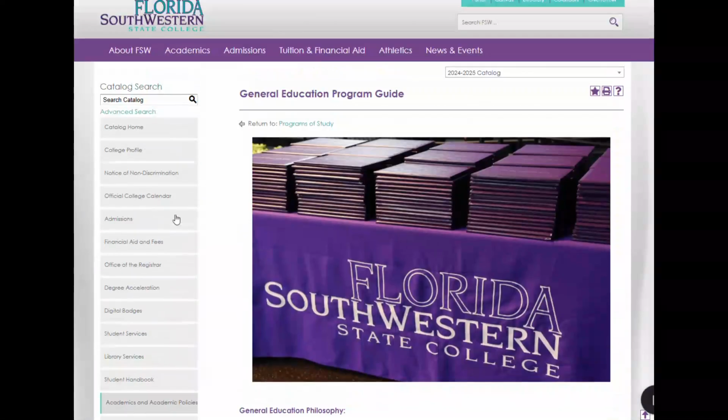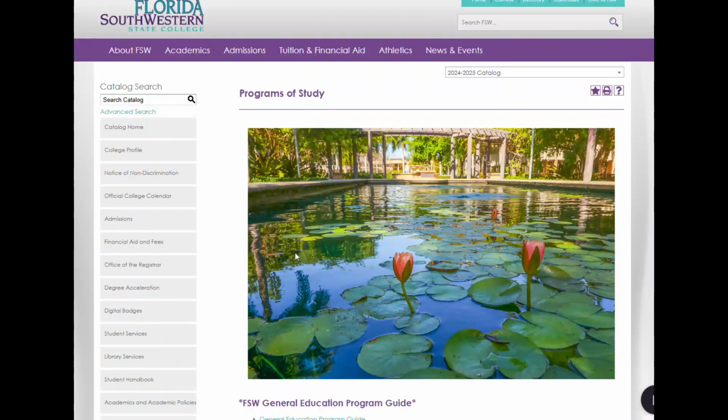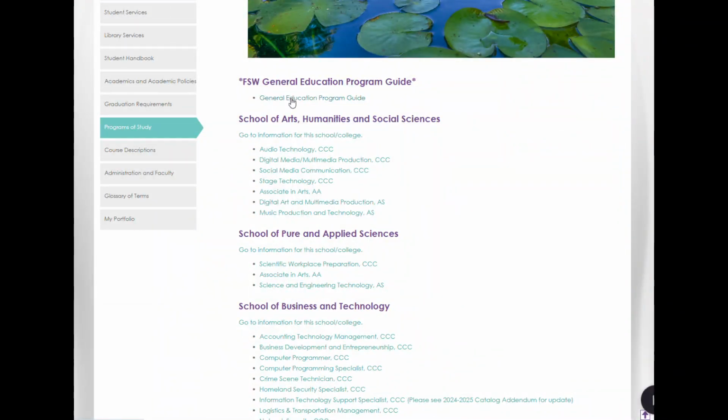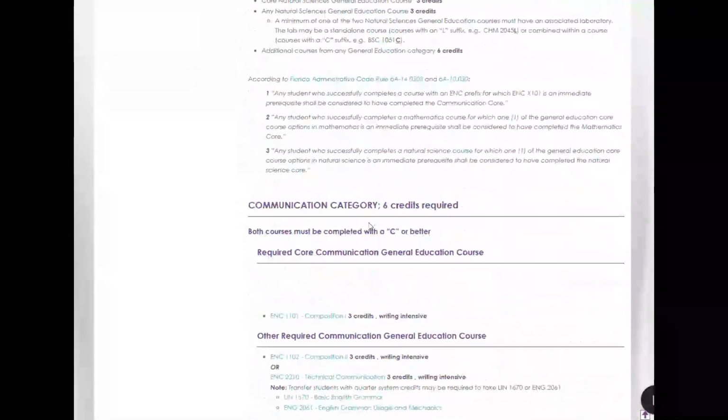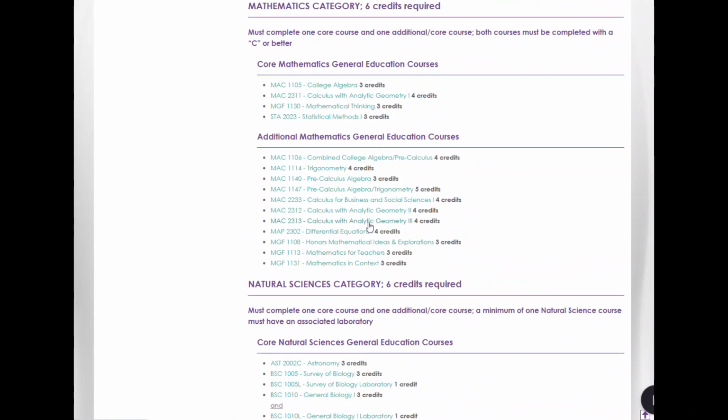So this is under programs of study, and then the general education program guideline. So here, mathematics. So these are the core. Notice that stats is in there as well.